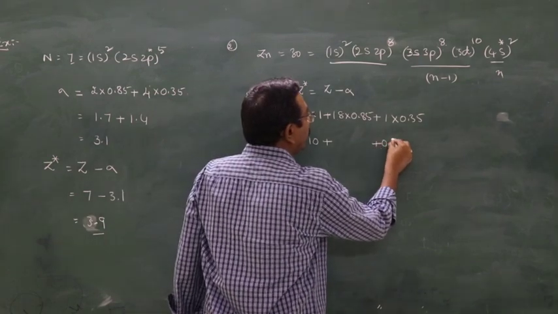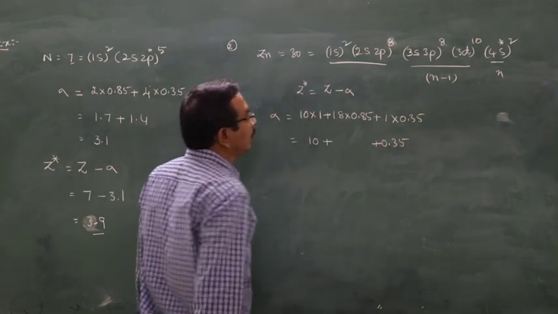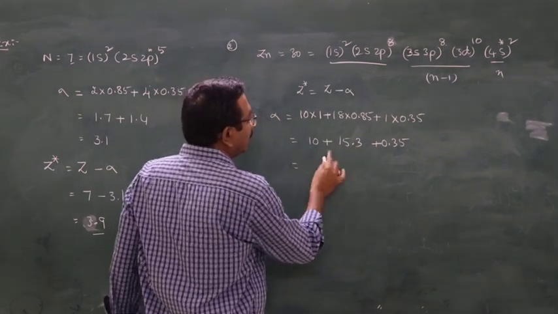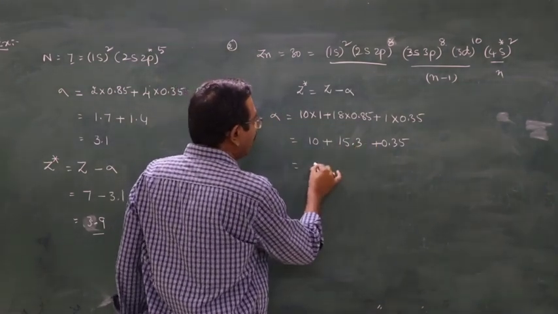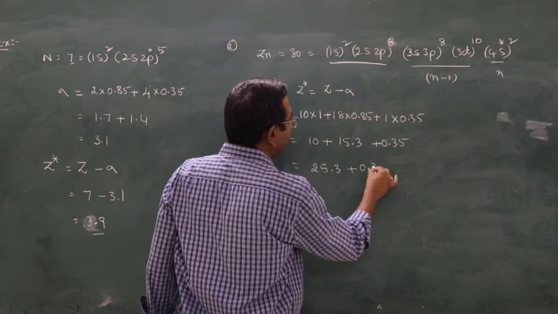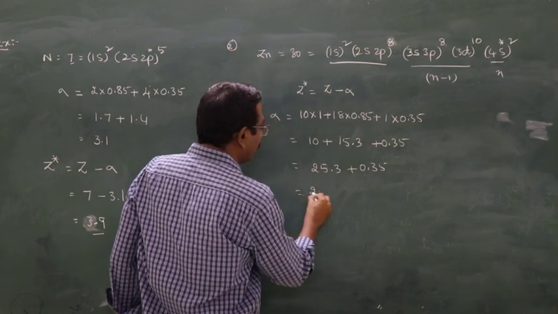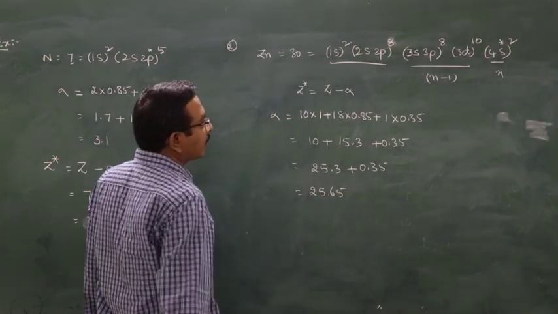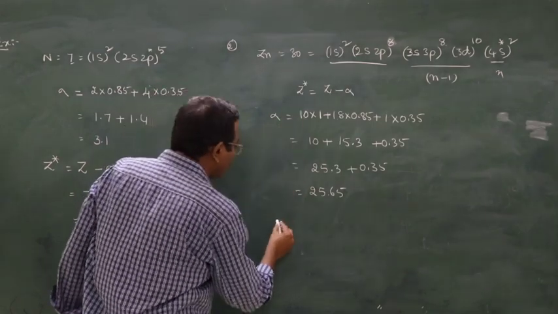Plus 0.35. 18 into 0.85 is 15.3, totally 10 plus 15.3, 25.3, plus 0.35, that is equal to 25.65. This is the Slater constant. But what about the effective nuclear charge?